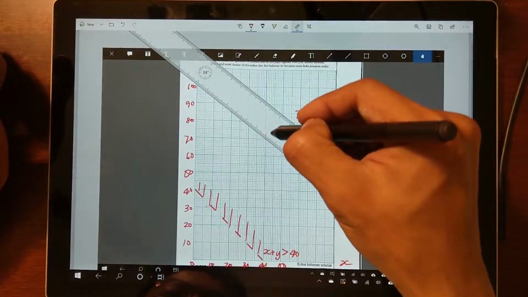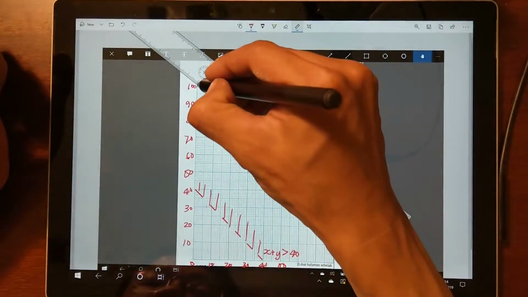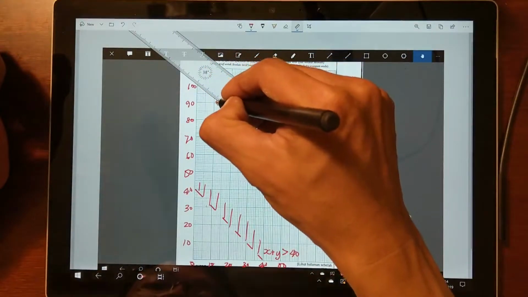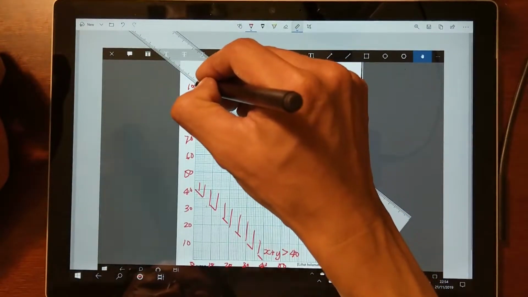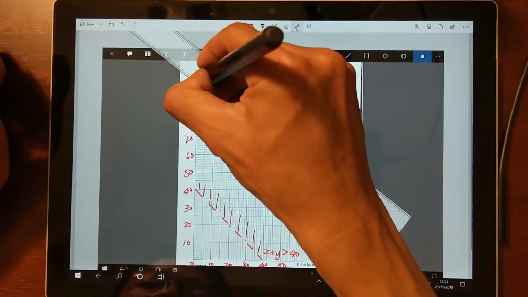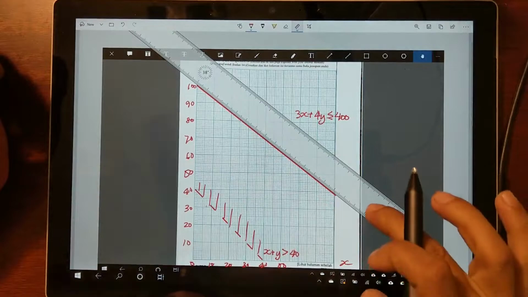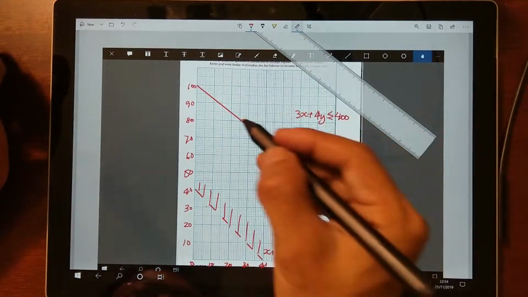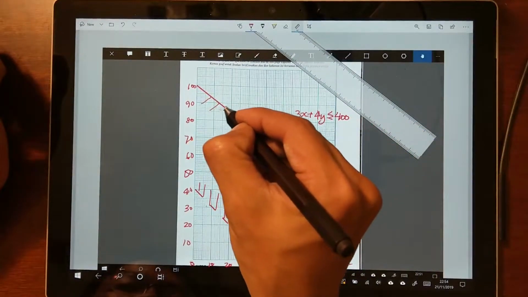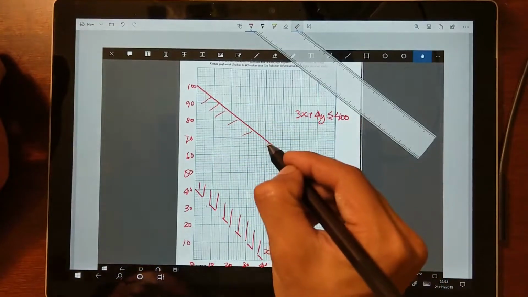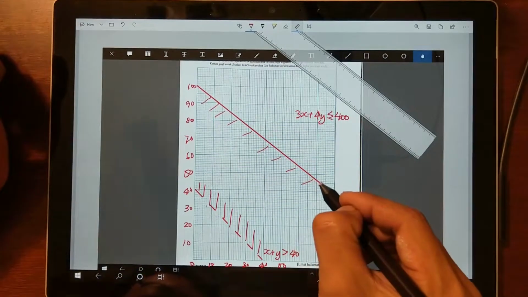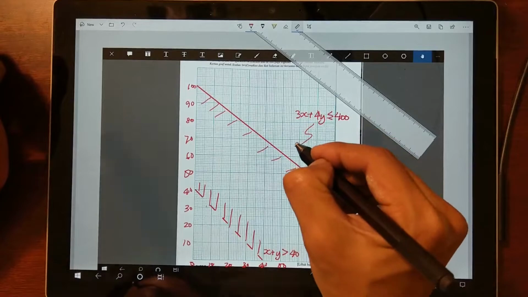And through the magic of technology, we draw a beautiful straight line. It's less than or equal to, so it's a solid line, and this is the region required.